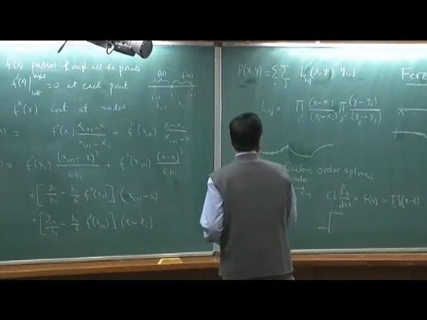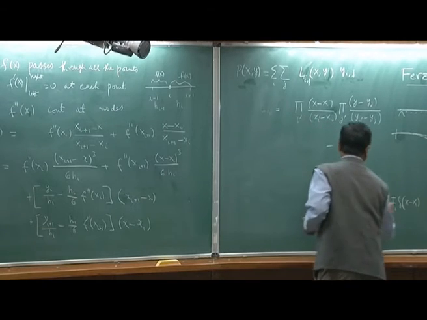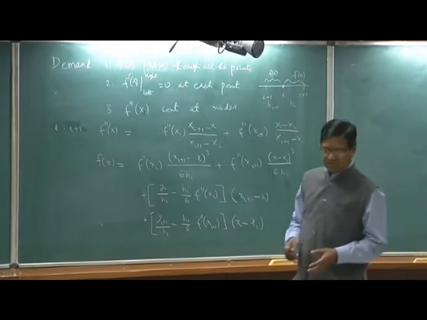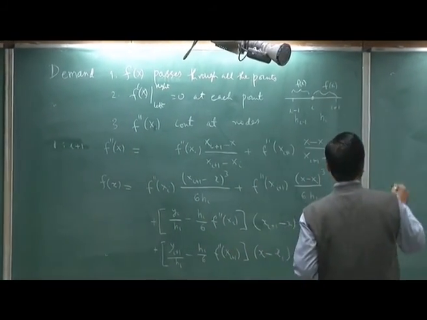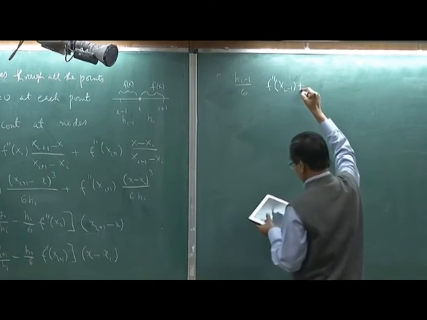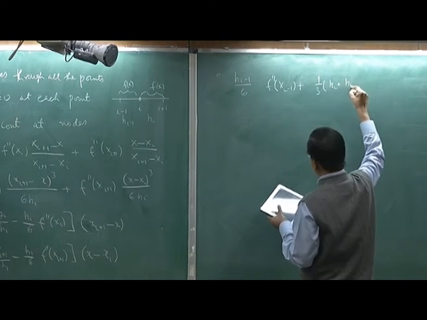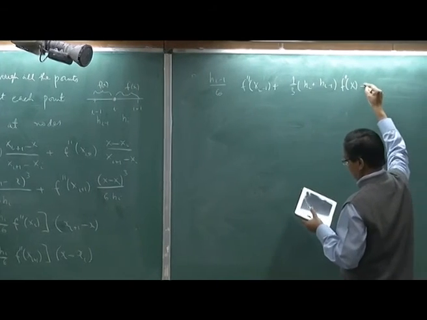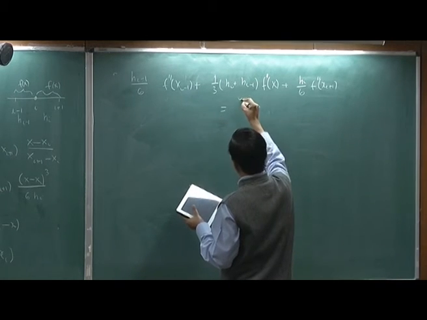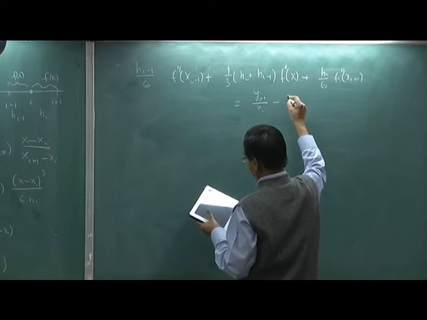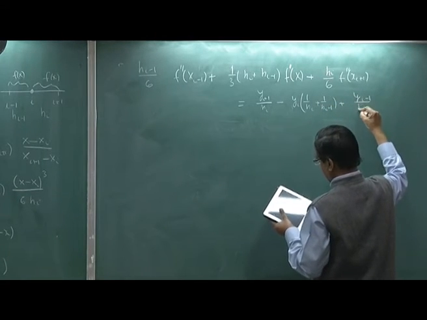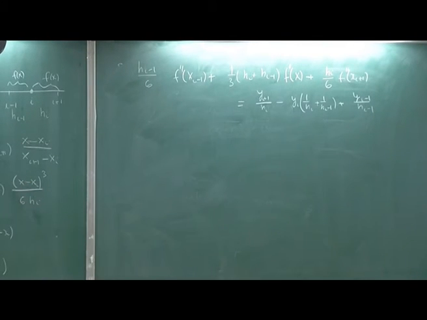If you do the algebra correctly, you are welcome to do it, you will get an equation which is quite easy in fact: Hi minus 1 by 6 plus 1/3 equals the equation. So this is by setting the derivatives from both the sides equal.